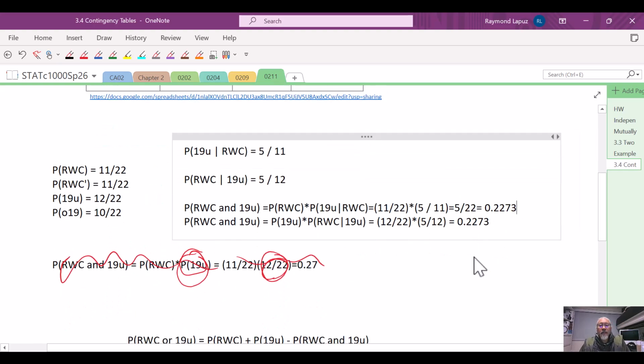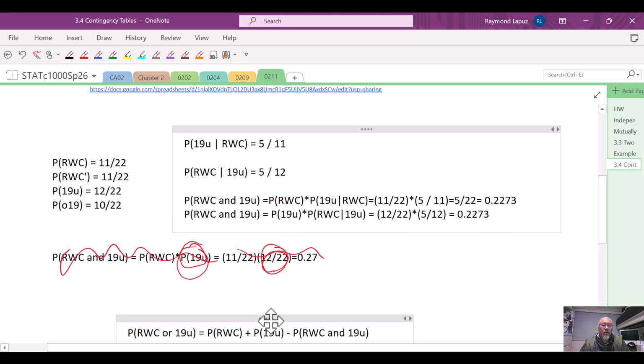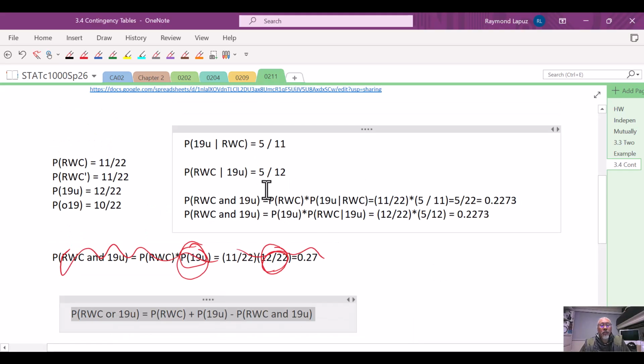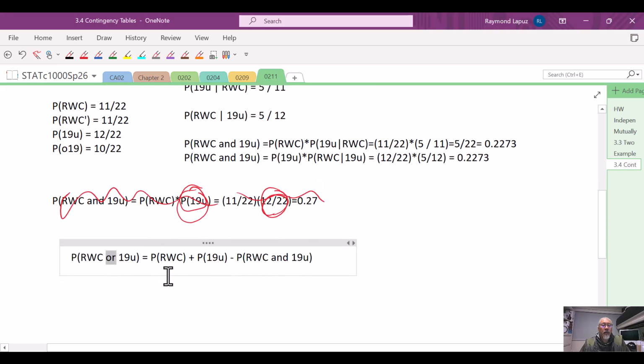Okay, so that is the multiplication rule. Now let's do the addition rule with the OR this time. So this is an OR. So what's the probability of somebody being in Redwood City or 19 and under?